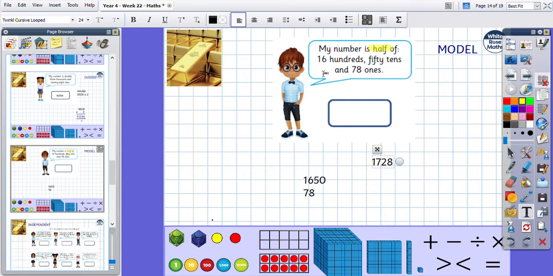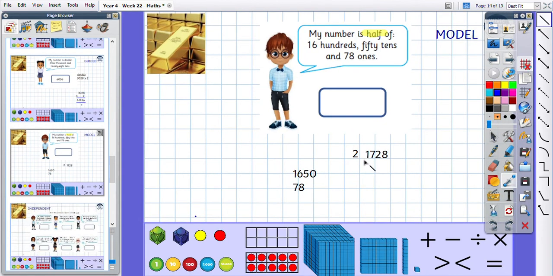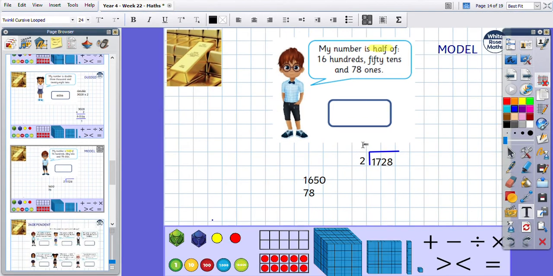But then we need to halve it. Okay, so we are dividing it by 2. So using my bus stop. 1 divided by 2 we cannot do. So now we're doing 17 divided by 2. Using my 2 times table then. 2, 4, 6, 8, 10, 12, 14, 16.